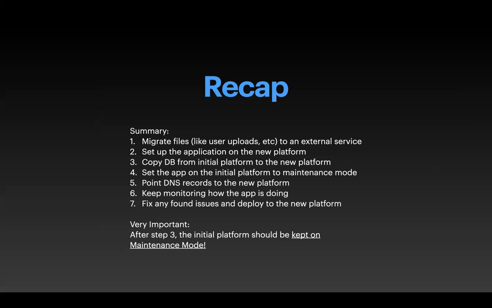This way you are ready to finalize the migration: rebuild indexes if you use Elasticsearch or anything like that, or set up Redis or Memcached or whatever you need, and then you can update the DNS records and allow traffic to go to the new platform.